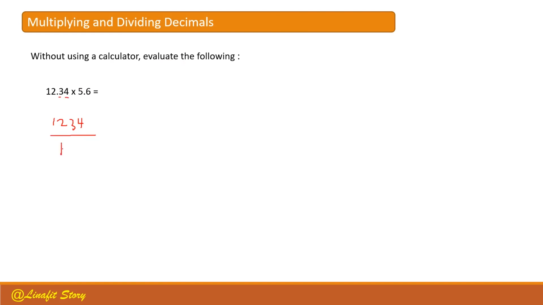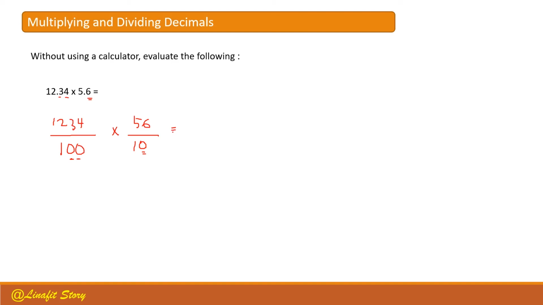So out of 100. Why 100? Because there are 2 decimal places. Times 56 out of 10. Why out of 10? Because 1 decimal place in 5.6.